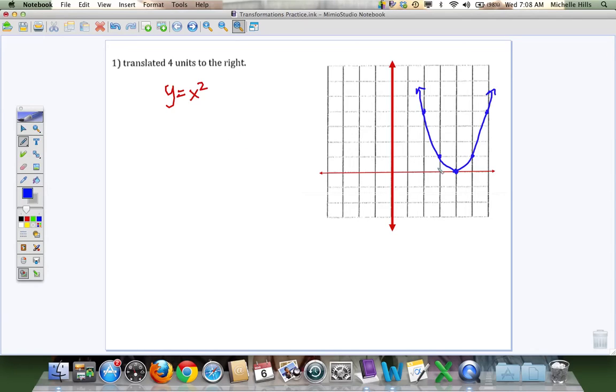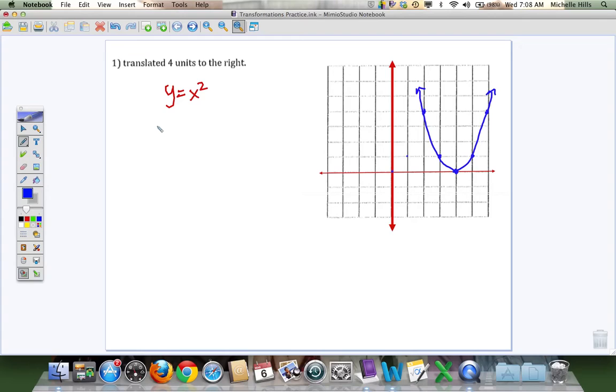Well, let's think about it. That means that an x value of 4 has the same y value as the original x value of 0 did. An x value of 5 has the same y value as the original 1 did.